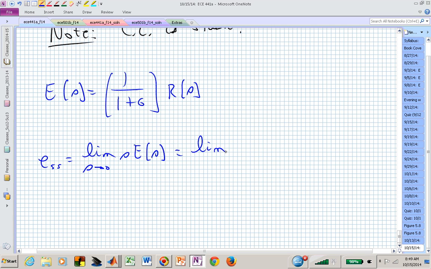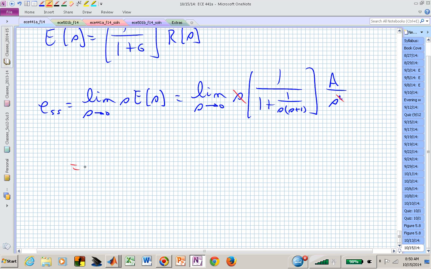With this particular system and it being a type 1 system, now what do we have? Well, we have this leading s, just canceling one of those. The other s is going to be distributed across, well, it depends on when you want to distribute it, but let's say that we distribute it now. Now we're looking at the limit as s goes to 0 of 1 over s plus 1 over s plus 1.